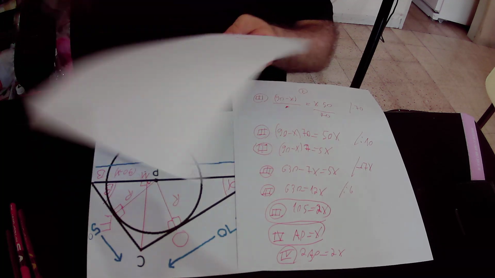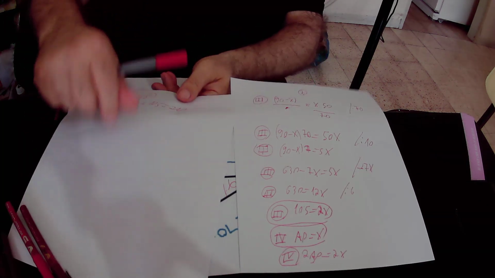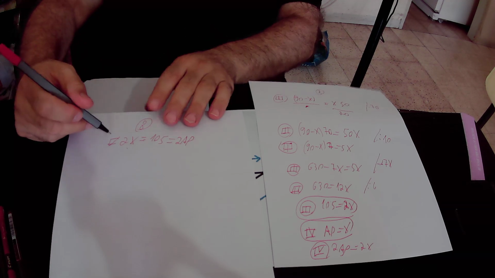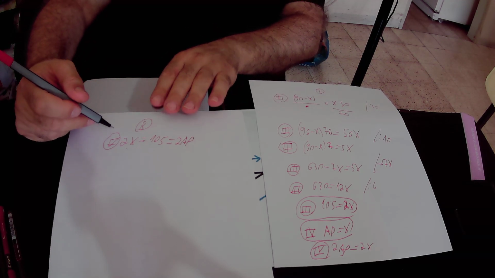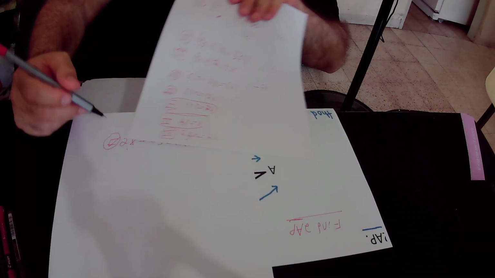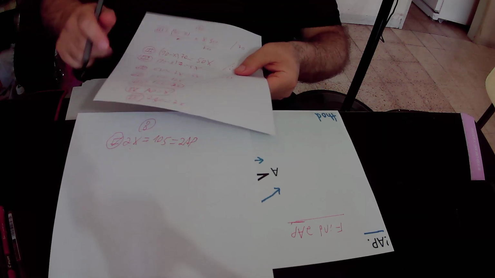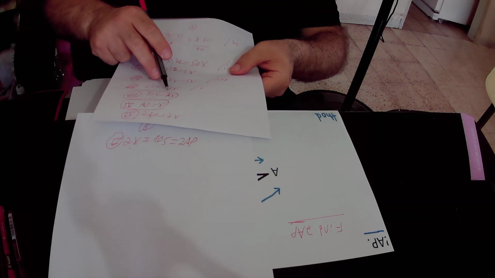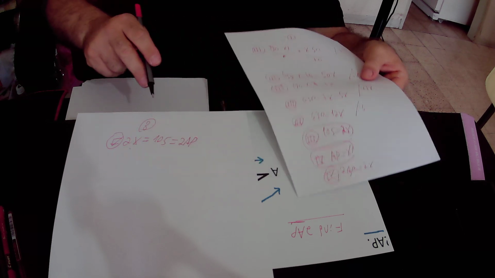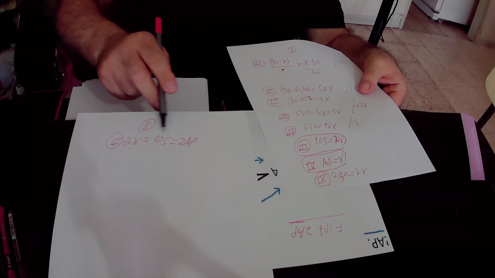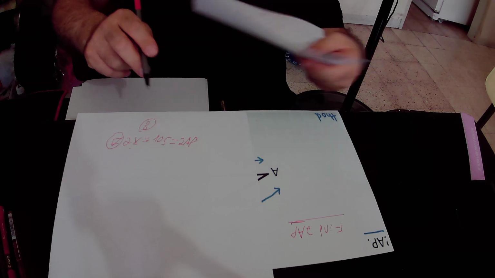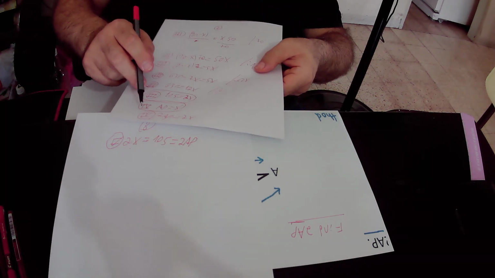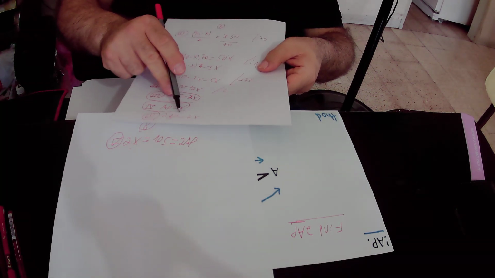Okay, I'll explain it again. From one side, according to the third equation, 2x equals 105. But according to the fourth equation, 2x also equals 2 times AP.